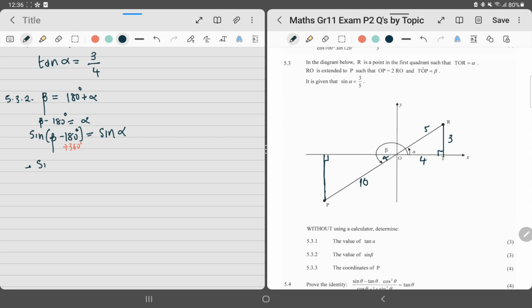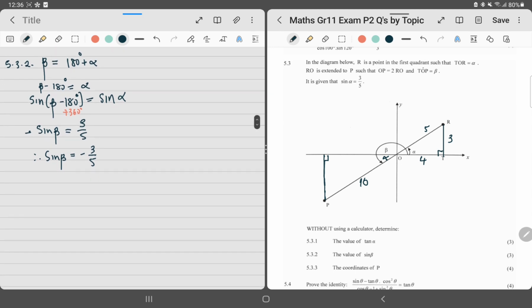In the third quadrant, sine is negative. Sine of alpha, we are given as 3 over 5. So this means that sine of beta should be equal to negative 3 over 5. So in other words, now we have sine of beta.